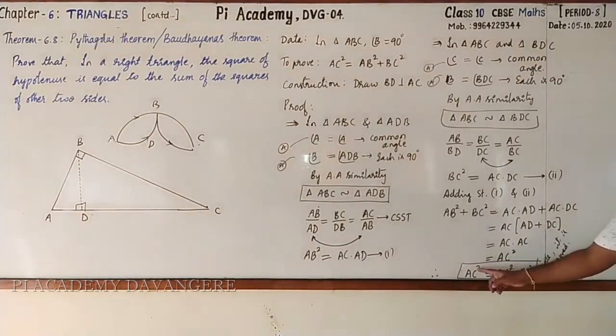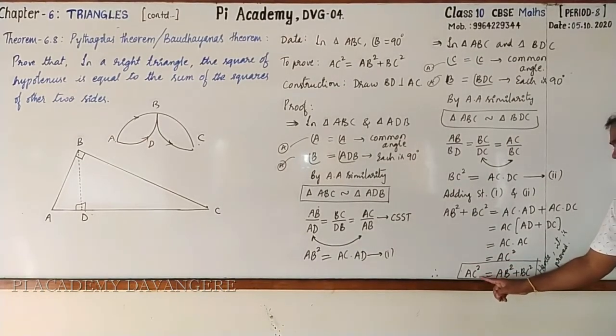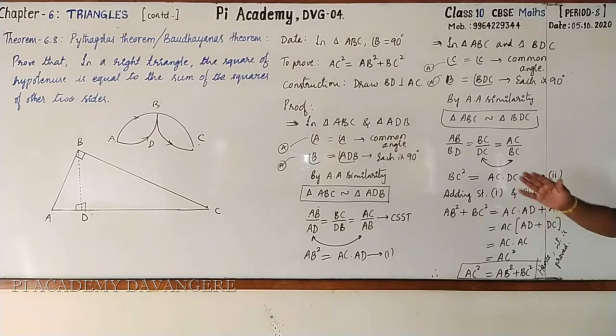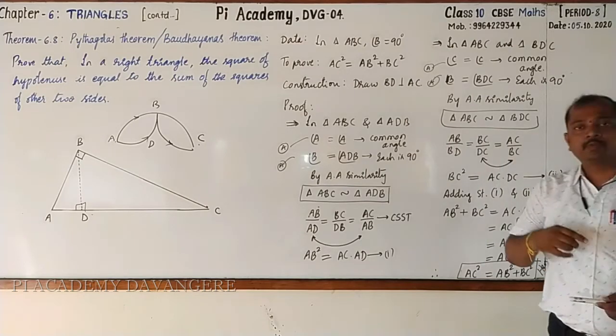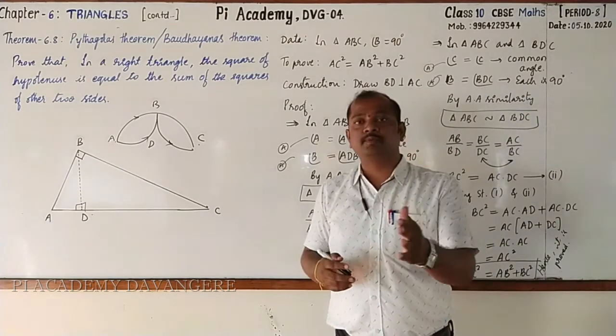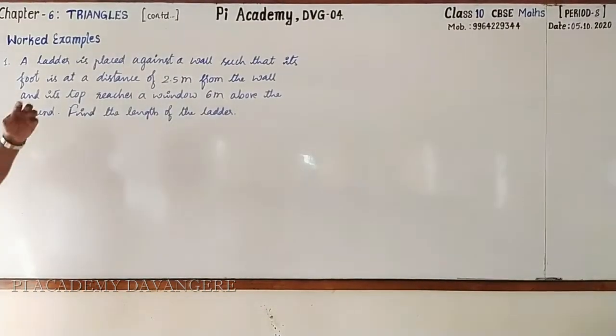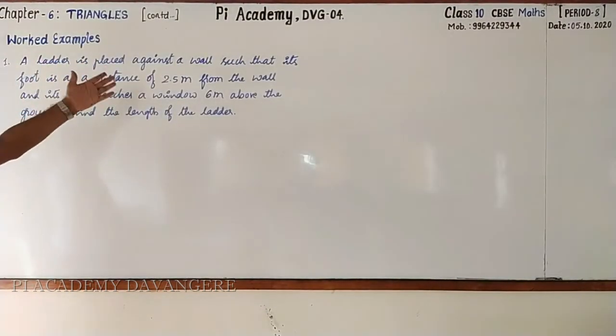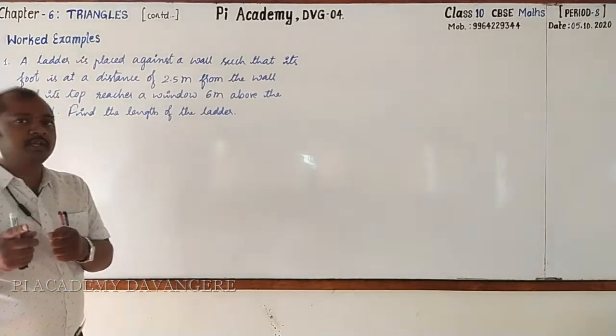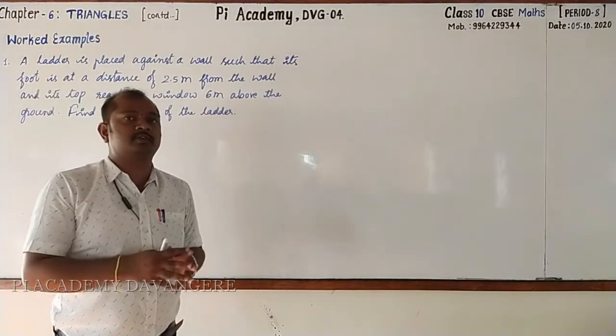On adding, you will get the final result, that is AC square equal to AB square plus BC square. Followed. Now you are going to copy from there to here. Afterwards, we are moving to solve some problems of Pythagoras theorem. Copy this. Dear students, now we are moving to worked examples. Actually, one more theorem is there, that is converse of Pythagoras theorem.